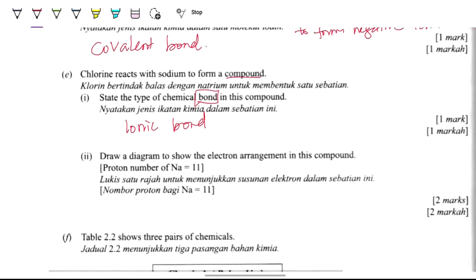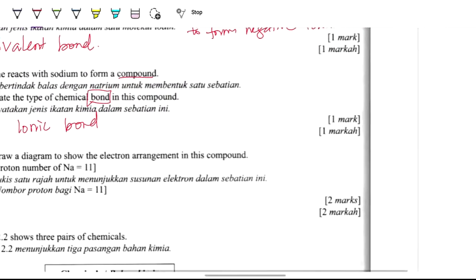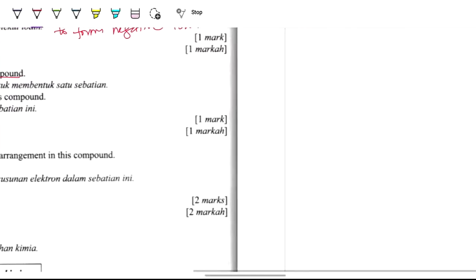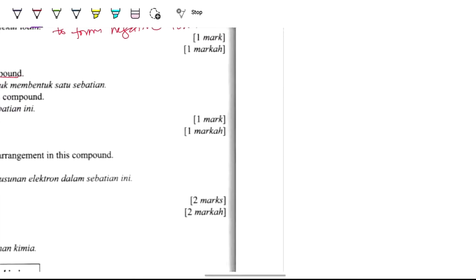Draw the diagram to show the electron arrangement of this compound. So meaning that we have to draw it. I will show it here. Sodium is 2, 8, 1.